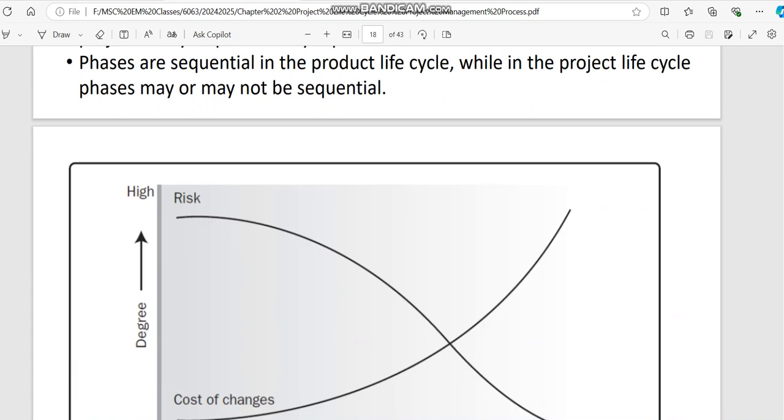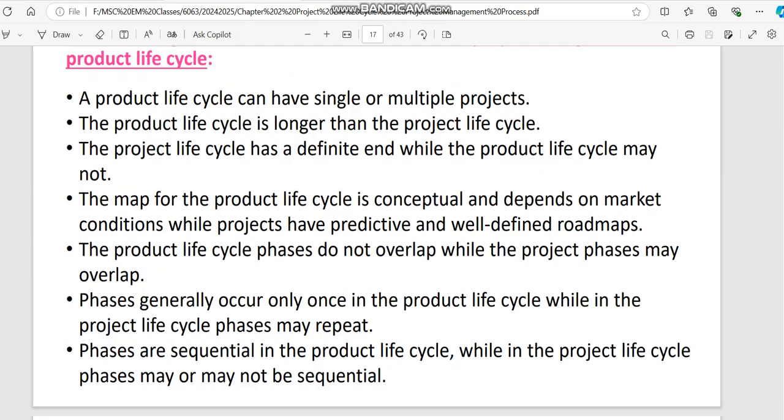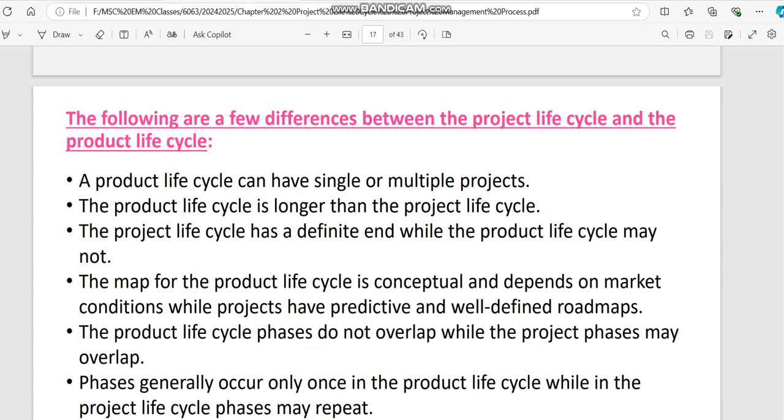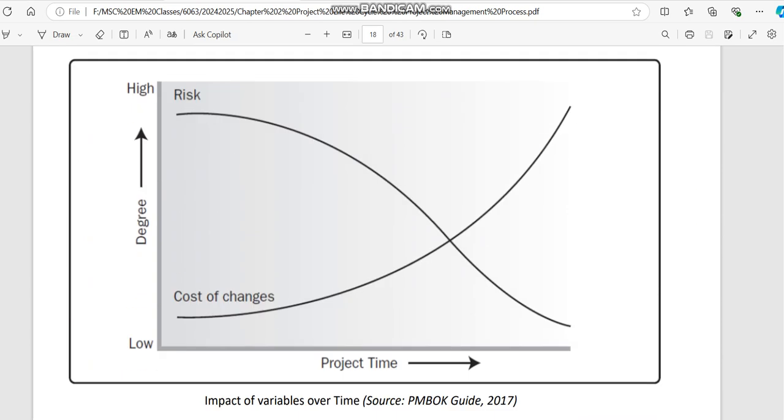the development of a project, and then how project and product relate. I think this part of the notes tries to spell out the difference between project life cycle and product life cycle. It also tells about the variables and risk of project and product.